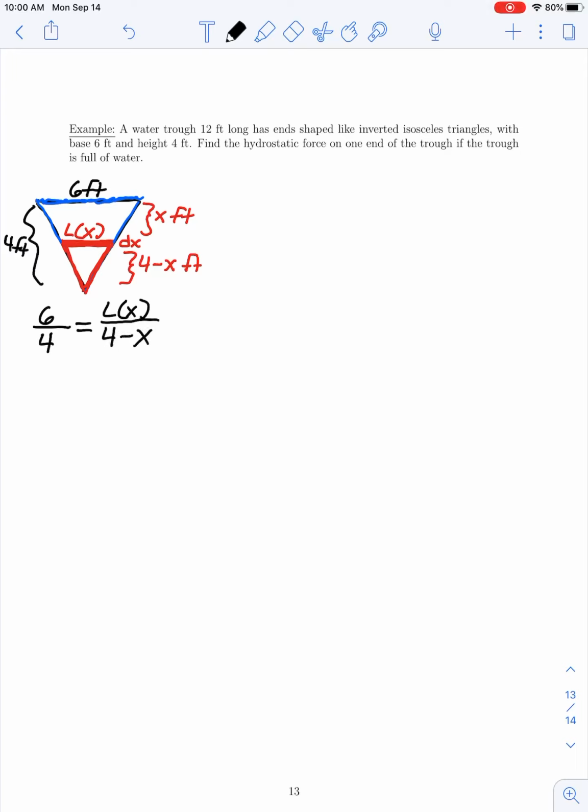So simplifying a little bit, we can solve for L of x as 6 over 4, or 3 halves, times 4 minus x. Or if we distribute the 3 halves, we would have 6 minus 3 halves times x.